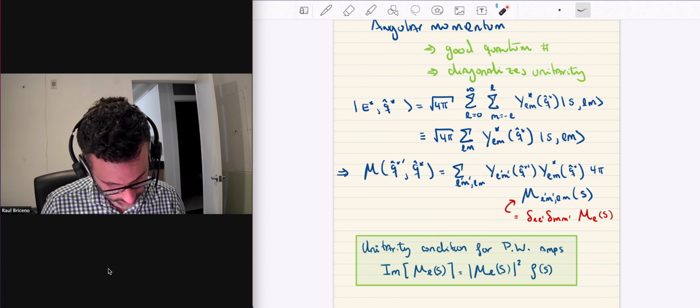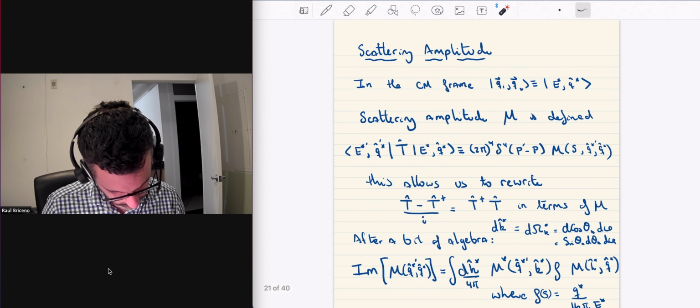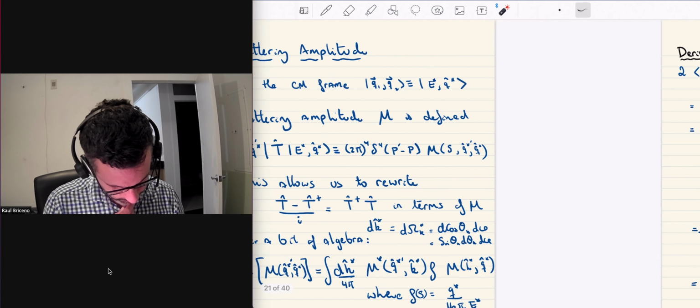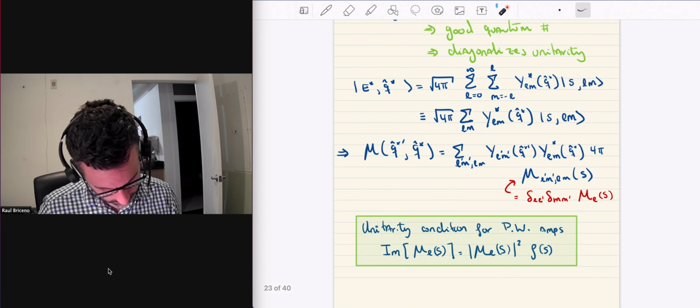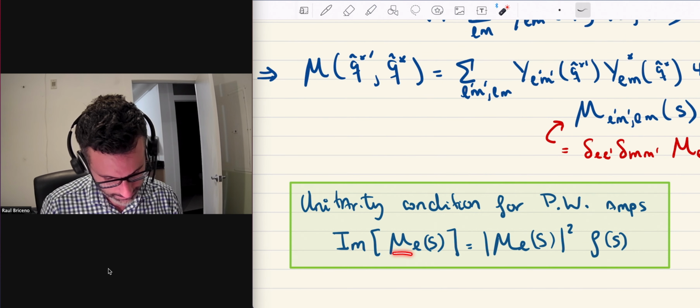after a little bit of work, what you're going to have is, for each component of the scattering amplitude, this condition that the imaginary part of the partial wave projected scattering amplitude of the Lth component is equal to the mod square of the Lth component of that same scattering amplitude times rho.